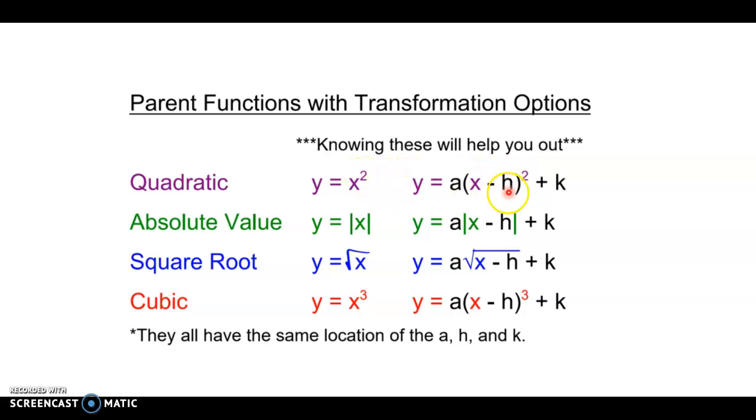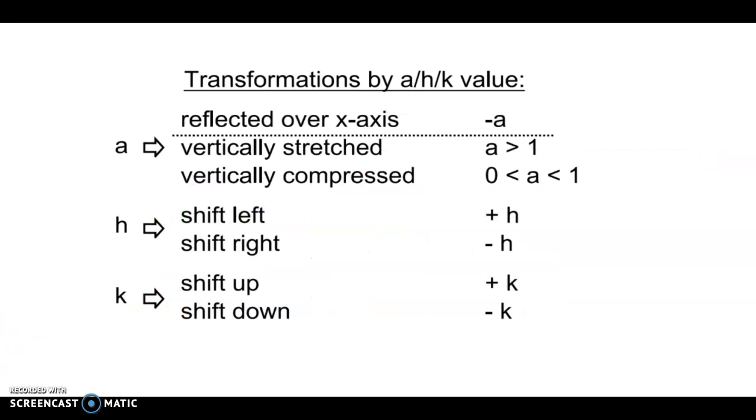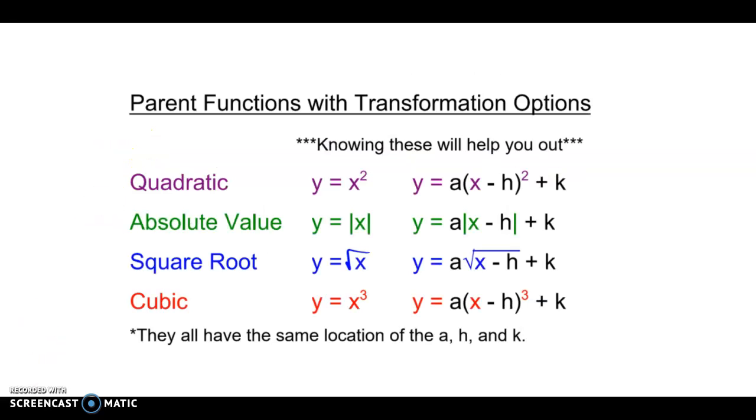You're going to have an h, and you're going to have a k. Each one of these, as we move them, moves the graph in different ways. So if we transform something by an a, h, and k value, you can go back if you need to, make sure you write those down.